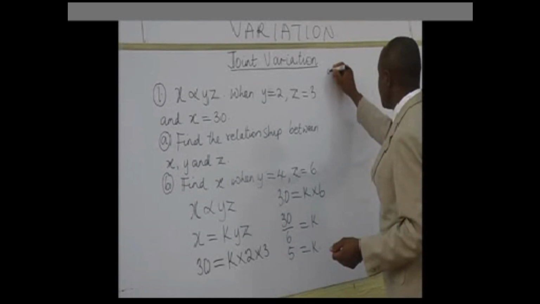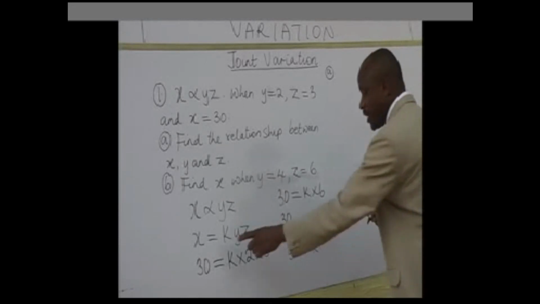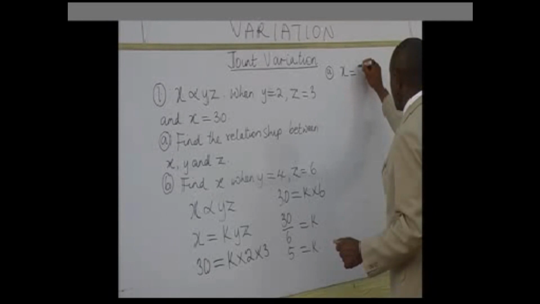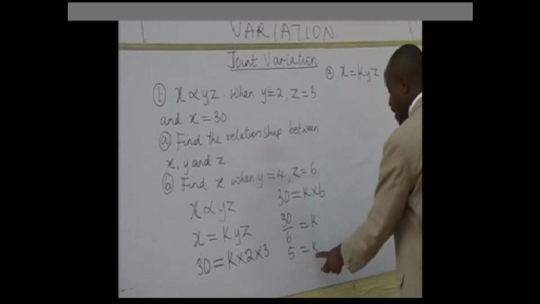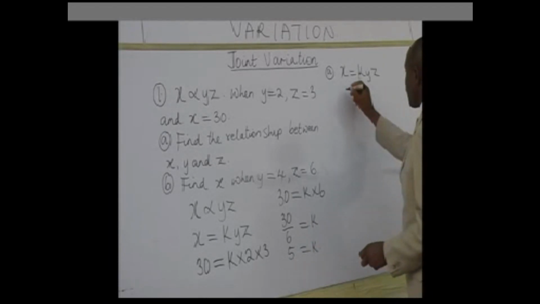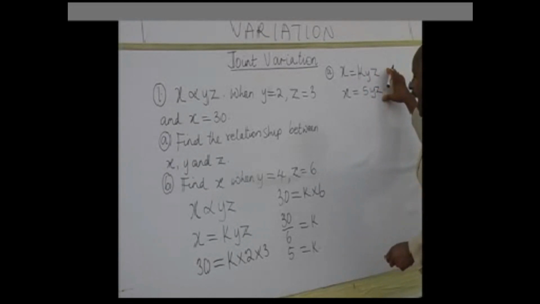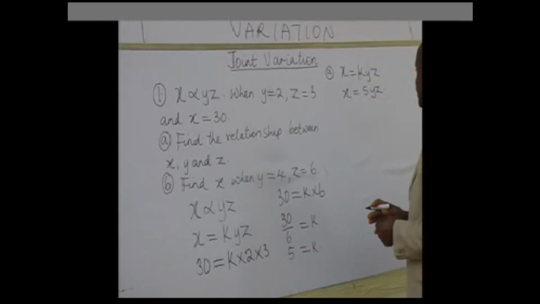So let's have question number A answered here. The equation is x is equal to kyz, but we have calculated that our k is 5. So substitute k for 5. So we are going to have 5yz, and this is the required relationship question A has asked.